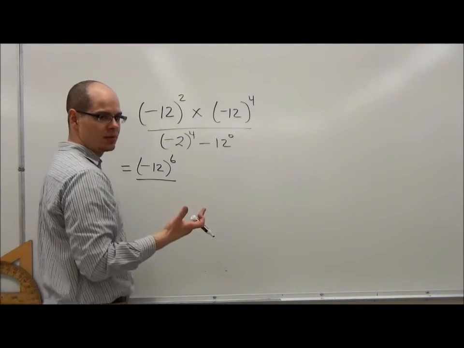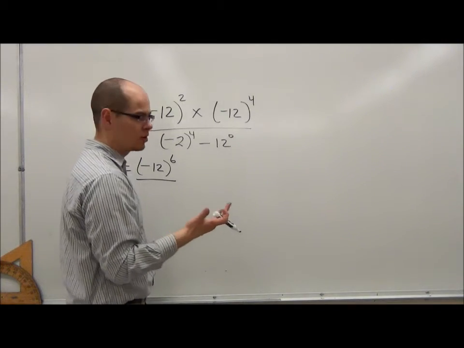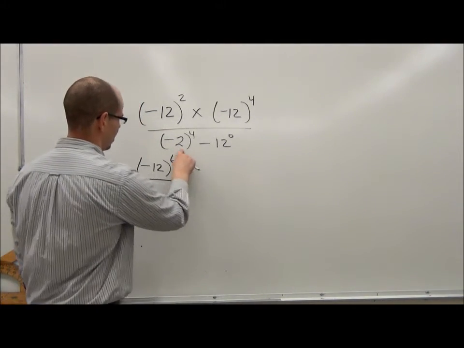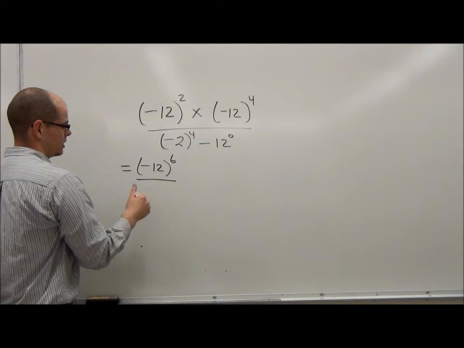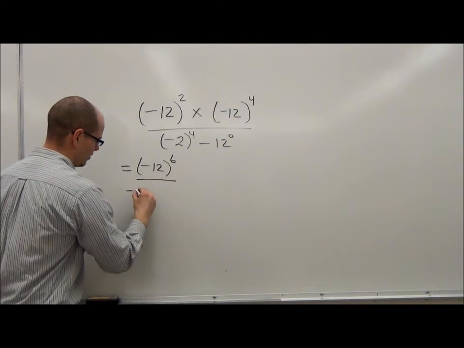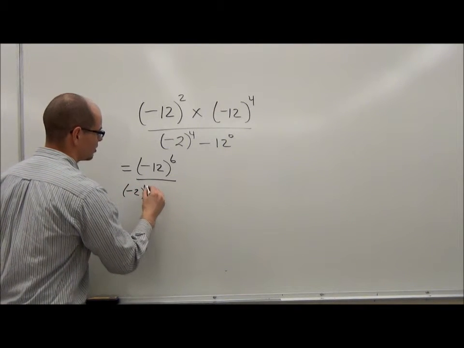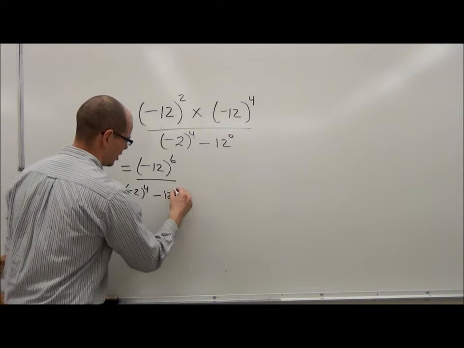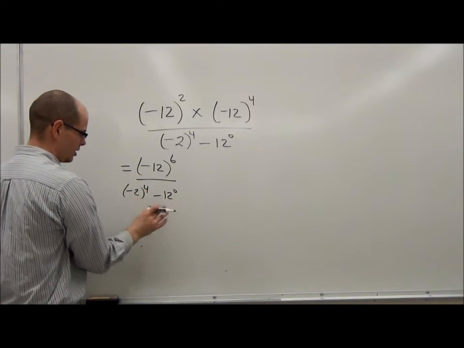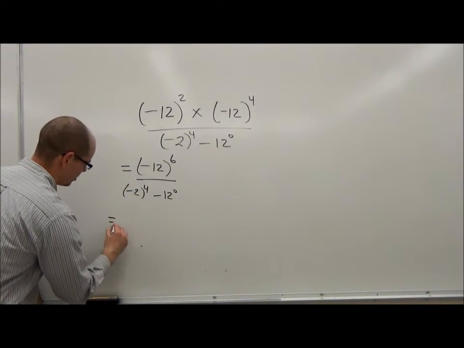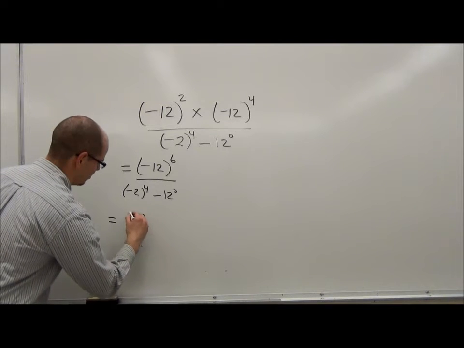I've also demonstrated now that I know what the multiplication power rule is. In the bottom, on the next step, I'm going to be dealing with these 2 powers. So I've just rewritten it out here. Now I'm going to deal with the bottom.